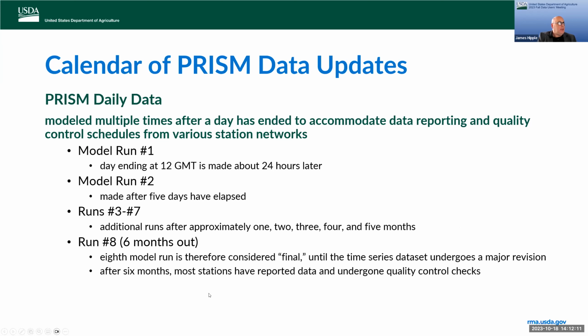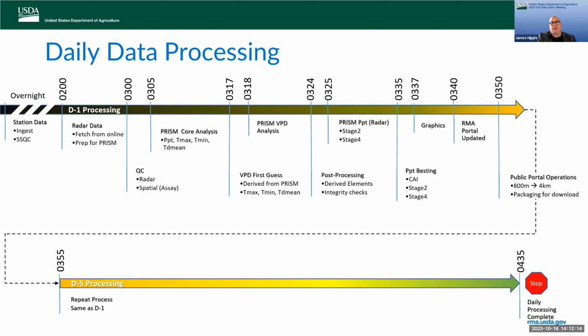You may ask why. Why so many different iterations? Because a lot of it's driven by the availability and quality control associated with the variety of weather monitoring stations out there. If you just did a model run and did a daily data set the day after, there are some station data sets, some weather monitoring networks, that are available on the first day, but they've not gone through quality control, or the 5 days out or 30 days out.